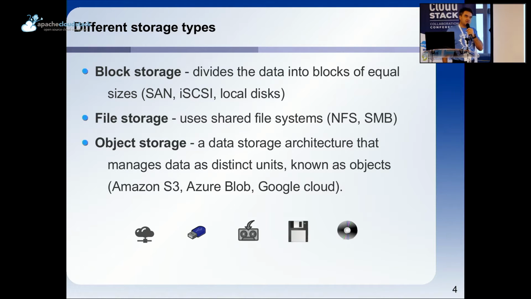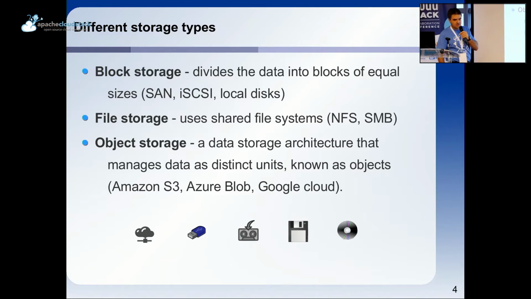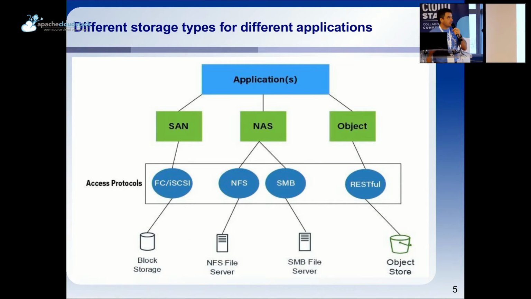This is the architecture that works with data as distinctive units known as objects, and probably every big cloud provider has its own implementation, which is S3 for Amazon, Azure Blob, Google Cloud, etc. Here we have a small diagram of the different types and their usage according to application and user needs.